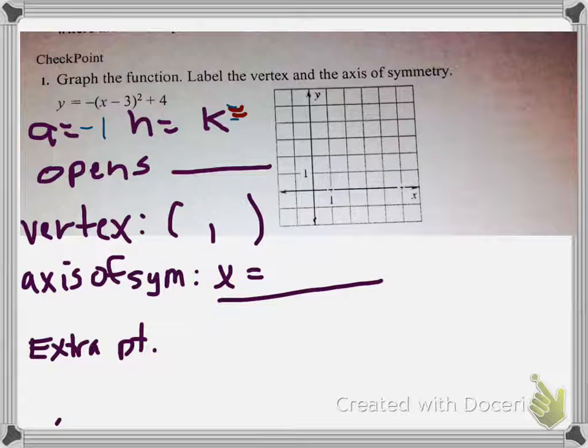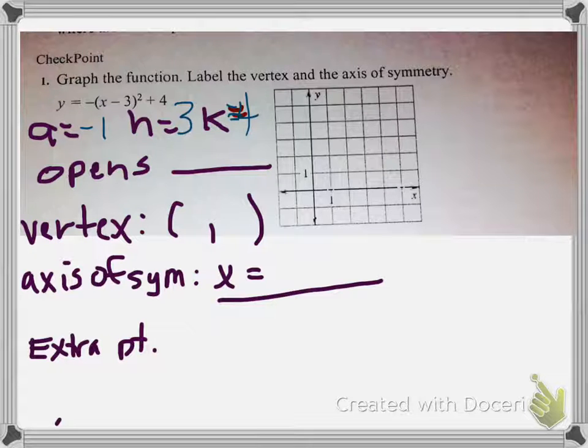Now there's not a number, but there's a negative sign, so it should be a negative 1. If there wouldn't be a negative, then it would be a positive 1. My H, because it's a negative 3, that means it should be a positive 3. And my K would be a positive 4.